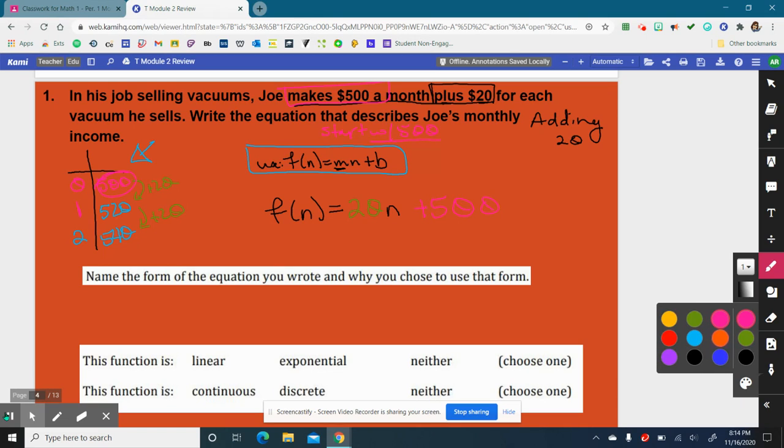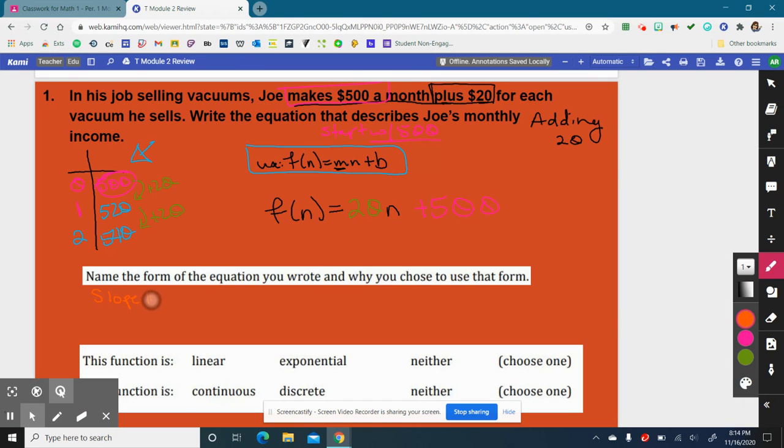Okay, so name the form of the equation you chose and why you chose that form. Well, we chose the slope-intercept form, because we were given a beginning value, and that beginning value in this case was 500, and we added by 20.